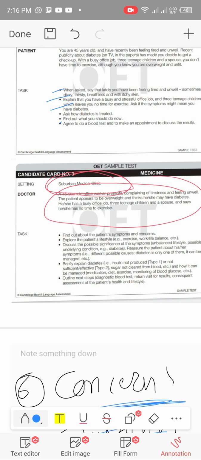This is called establishing what is already there. You need to do this if somebody is coming to you, literally, because this is called establishing what is already there. And if you go to the OET speaking criteria, this is over there. You need to establish what you already know.